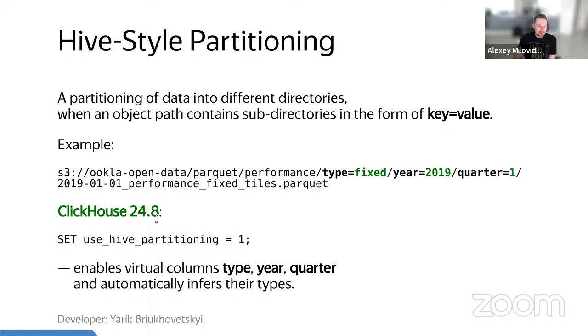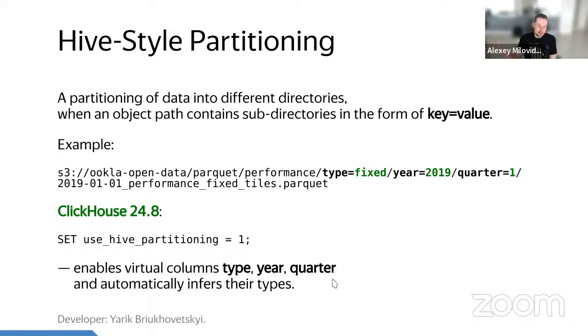And in the latest release, 24.8, you can enable Hive partitioning. It is not enabled by default, but we will probably enable it by default in the next release. It will automatically recognize this partitioning as virtual columns. These virtual columns will be named exactly like they are in the directory: type, year, and quarter.